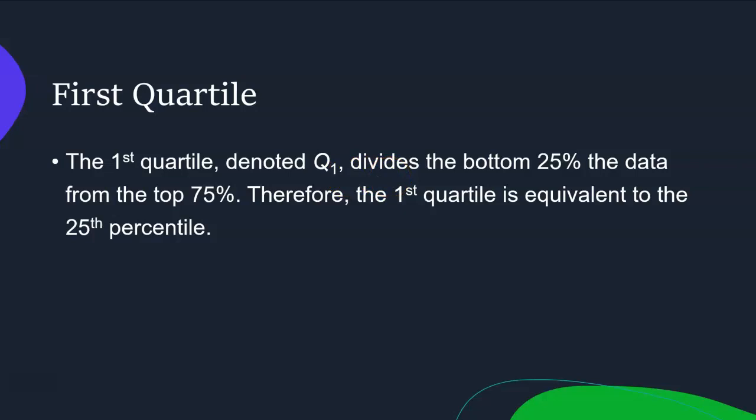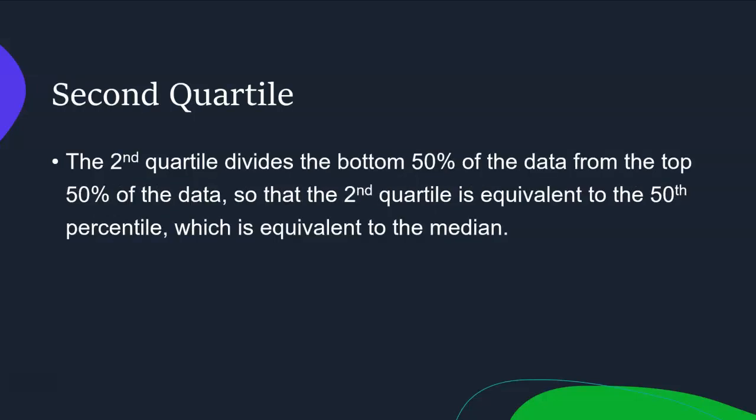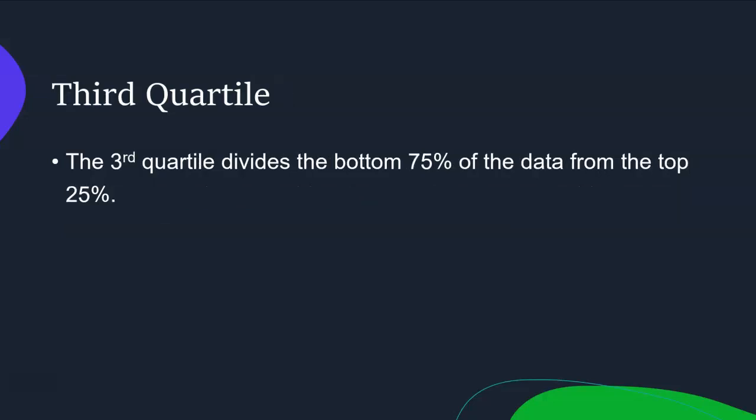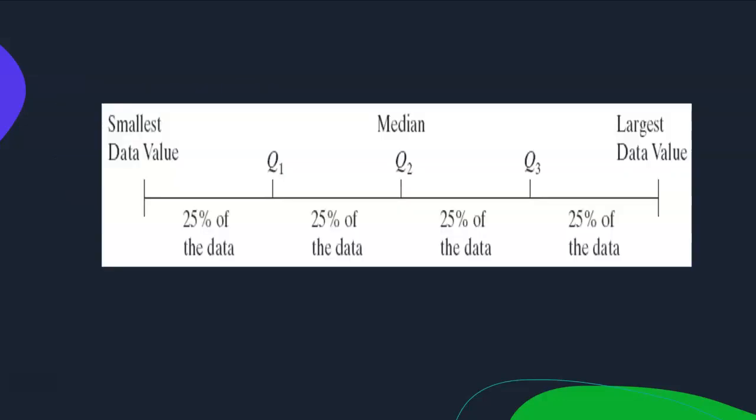Therefore, the first quartile is equivalent to the 25th percentile. The second quartile divides the bottom half of the data from the top half. So it's the 50th percentile, which is also equivalent to the median, the middle of the data. The third quartile divides the bottom 75% from the top 25%. Alrighty?